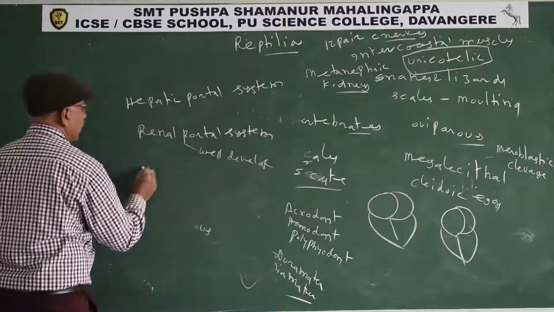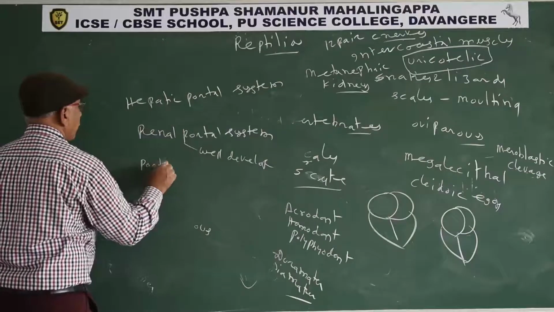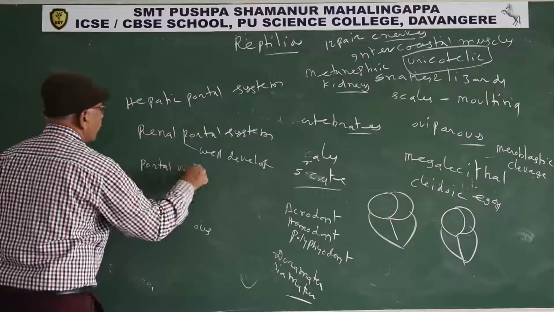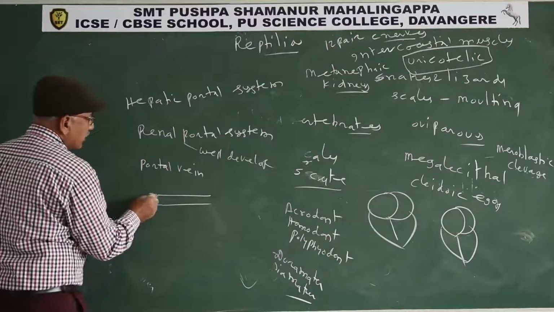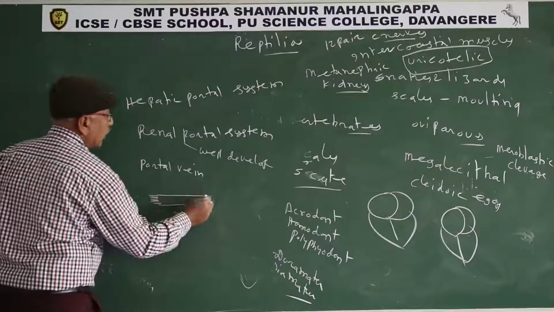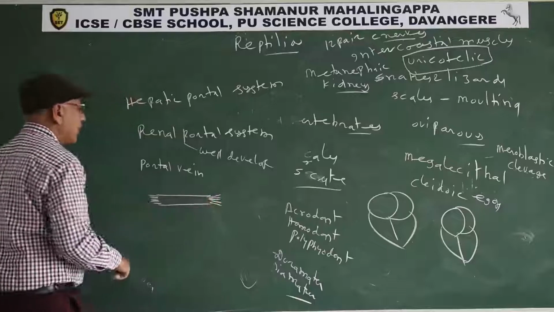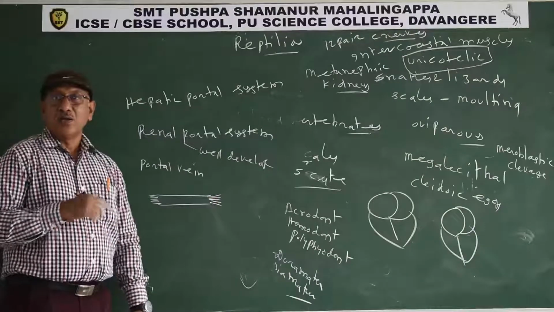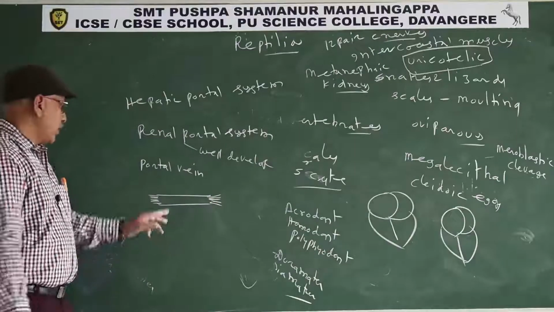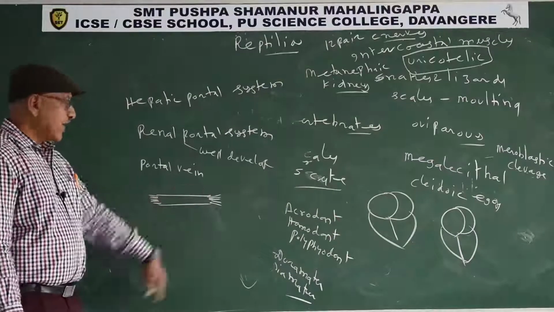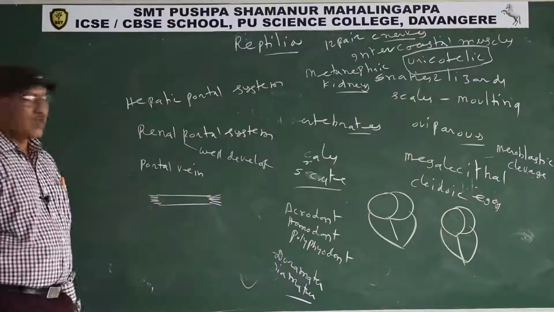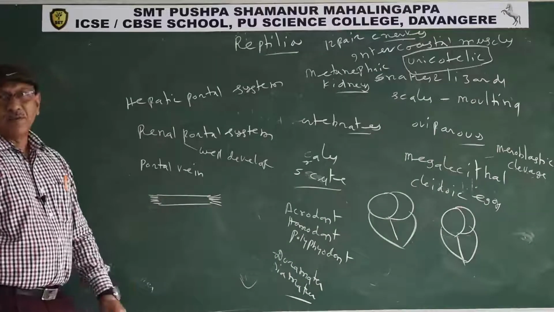What is a portal vein? A blood vessel that begins with blood capillaries in one organ and ends with blood capillaries in another organ is known as a portal vein.